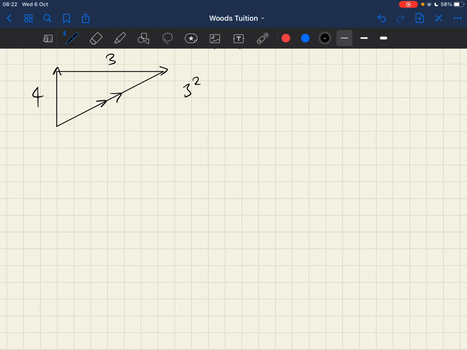So 3 squared plus 4 squared is equal to 9 plus 16, which is equal to 25, which is equal to resultant squared. So the resultant vector is equal to 5.